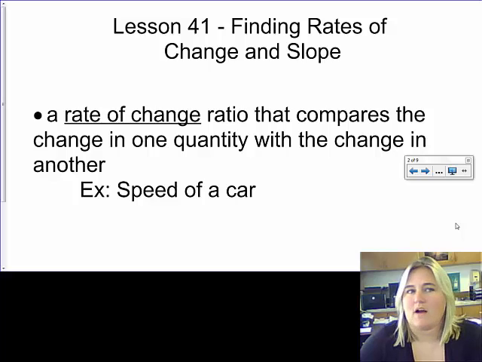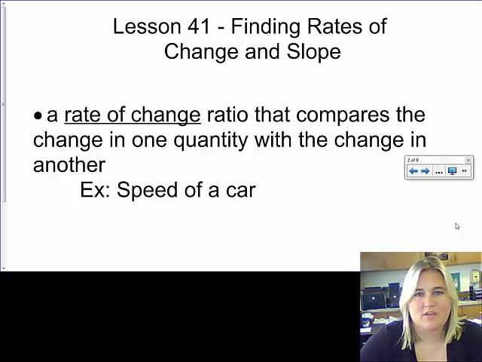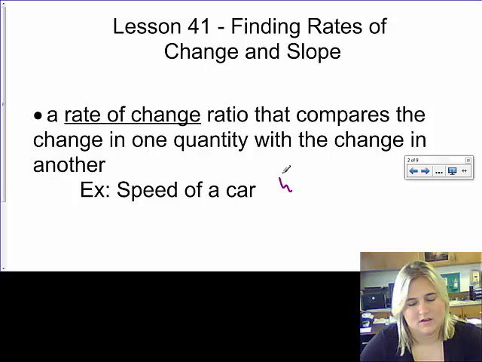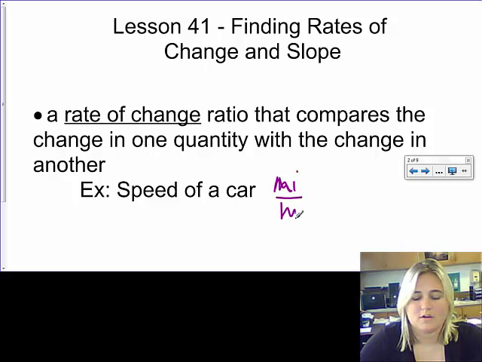Whenever you are riding with your family, your mom, your brother, your sister, whoever, and you're driving down the road, the car always tells you how fast you're going. This is a ratio that is a rate of change. Your car tells you how fast you're going in miles per hour.